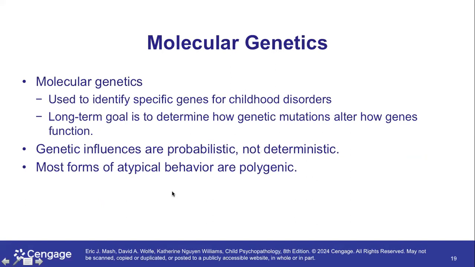We also have this idea of molecular genetics, which is linking specific genes to childhood disorders. And we're trying to understand how genetic mutations alter gene expression or gene functioning. And I often talk about genes being turned on or turned off.